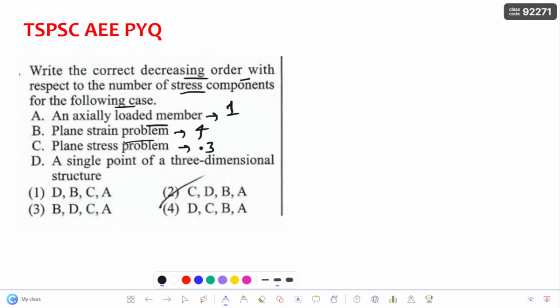For plane stress, it is 3. Then a single point of a 3-dimensional structure: for a 3-dimensional structure, there should be 6 stress components. The highest one should be D. D, B, C, A is the correct answer. That is first.